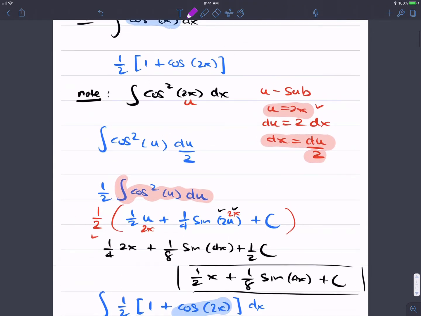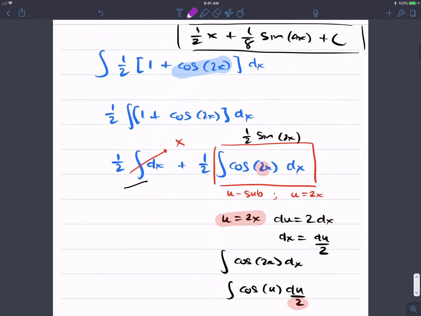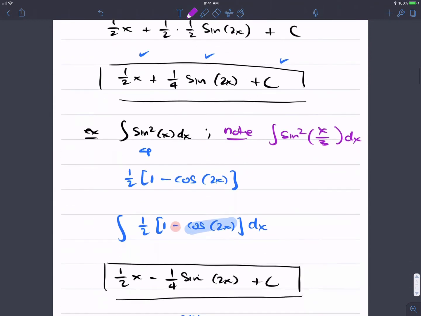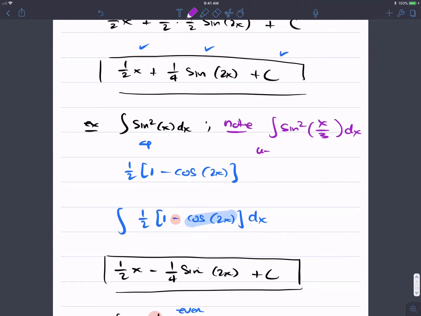This one is a u sub question, like the one with cosine squared. Now, this is another u sub question. I'll say here's u sub. U is x over 3. And that means du is 1/3 dx, or we say dx is really 3 what? Du.